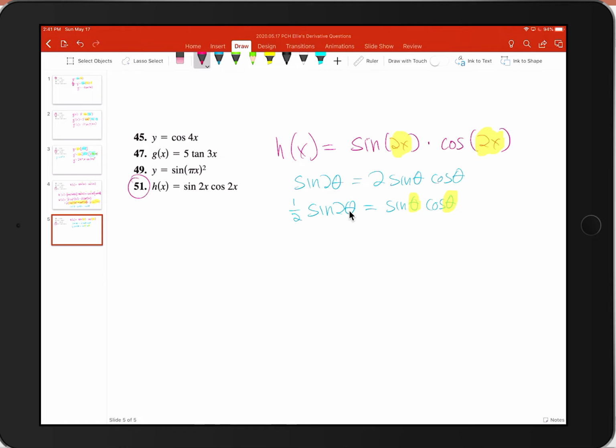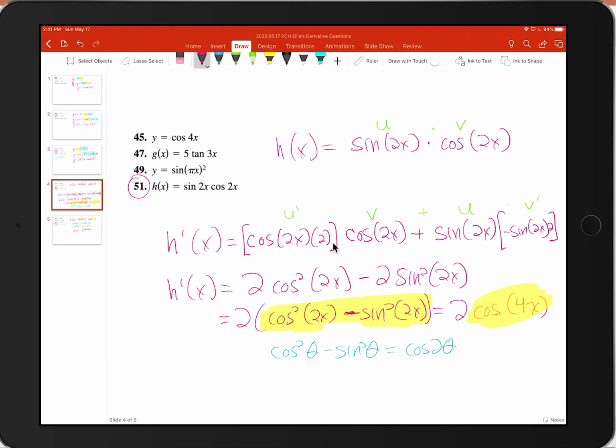So what I can do is rewrite, not h prime of x, I'm not there yet, rewrite h of x as 1/2 sine 4x. Okay, so this 1/2 sine 4x is the exact same thing as sine 2x times cosine 2x.